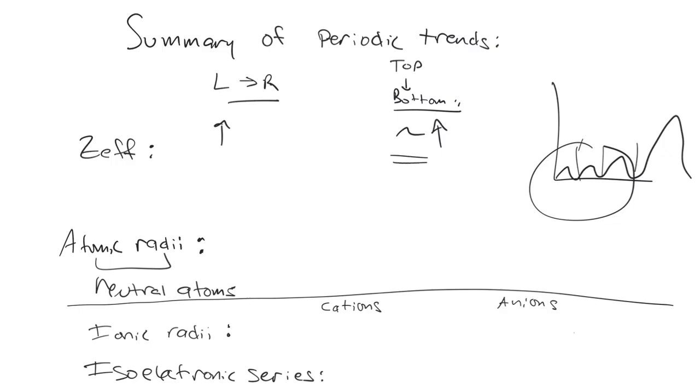Now, how effective charge plays a role, I think it helps us understand our atomic radius trend from left to right really well, because as you go from left to right, you have the valence electrons experiencing a greater charge. They're going to be pulled in more closely to the nucleus, even though we have more electrons that are trying to repel each other. So from left to right, we get a decrease in atomic radius.